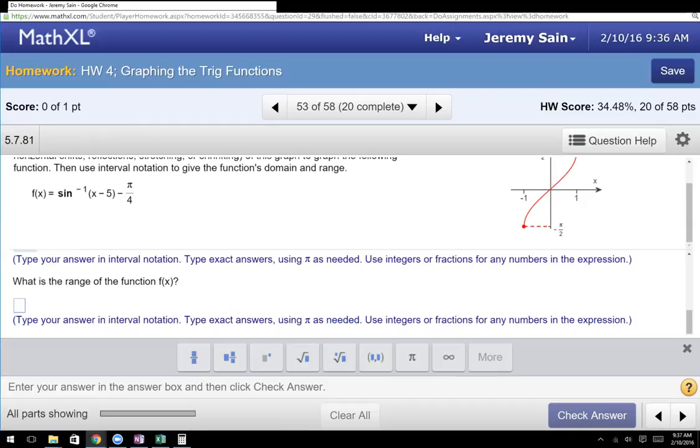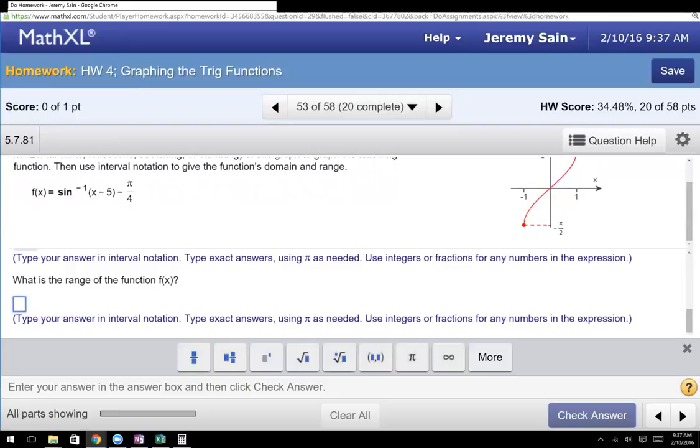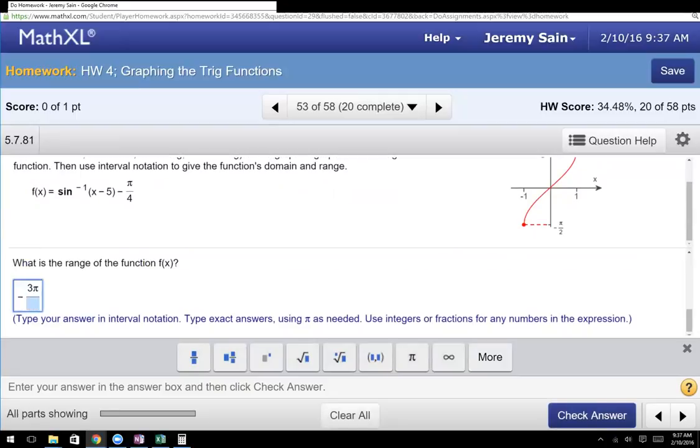A half plus a fourth. What's 50 cents and 25 cents? So 3 pi over 4.